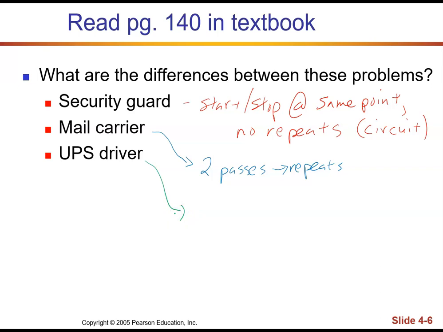The UPS driver didn't need to go down all streets. They just need to go where the packages were delivered. So these routes would be different. What's efficient for the security guard would not be efficient for the mail carrier or the UPS driver, so they all would be different.